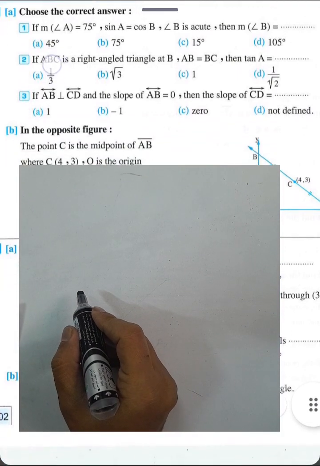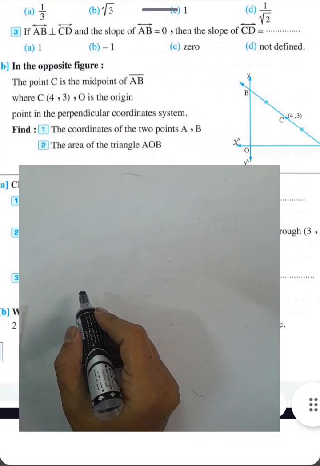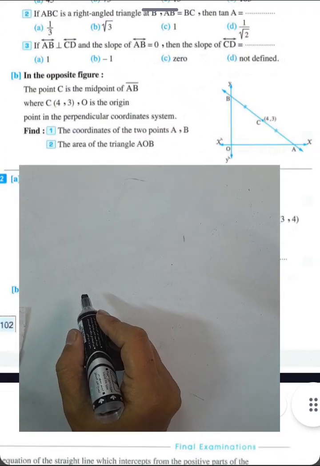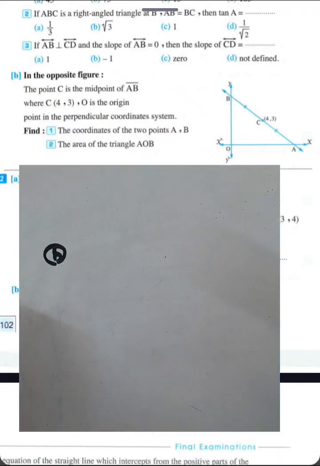Question B. In the opposite figure, the point C is the midpoint of AB.